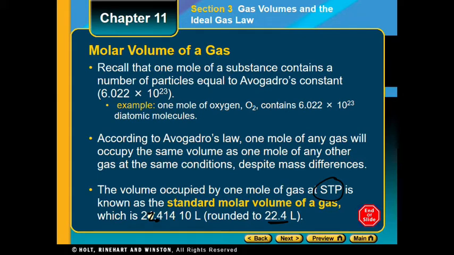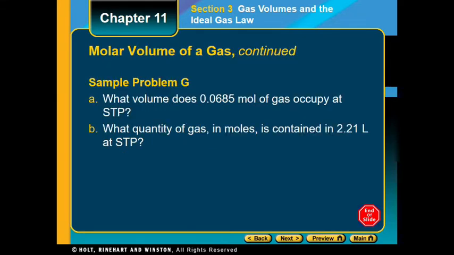Let's go work out a problem. So starting off with the first one, you'd write this down. What volume does 0.0685 moles of gas occupy at standard temperature and pressure? And we would set up our grid for this, put in our given first.